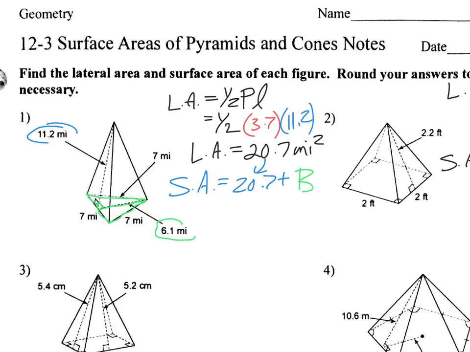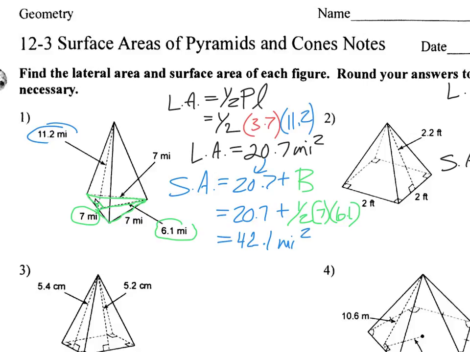So this is the height of that triangle, and this is the base of that triangle. So surface area would be 20.7 plus 1/2 base of the triangle times height of the triangle. I'm just going to type all that in on the calculator: 20.7 plus 1/2 times 7 times 6.1. When I do that, I get 42.1 miles squared.